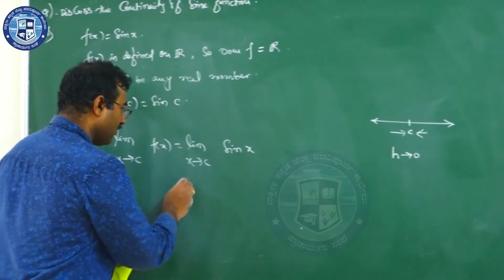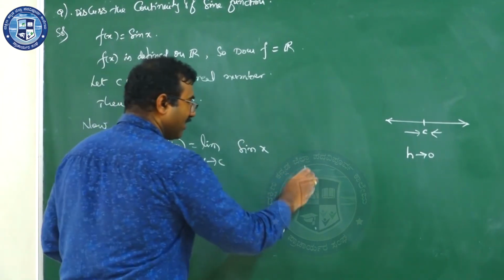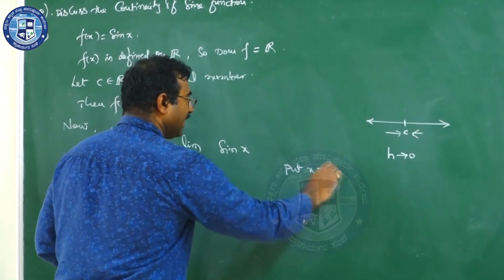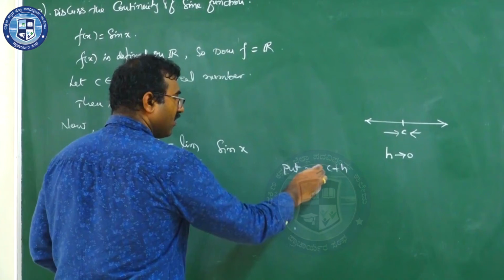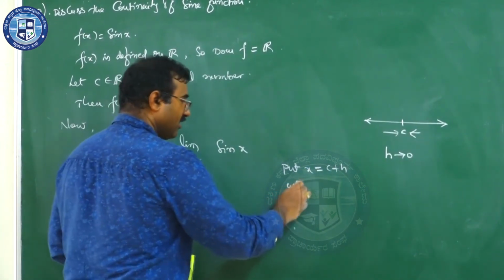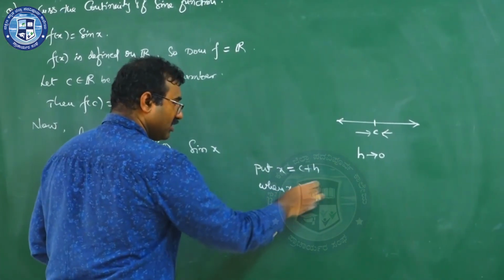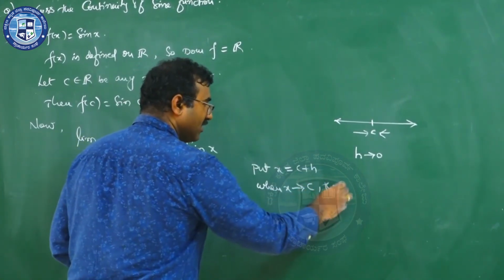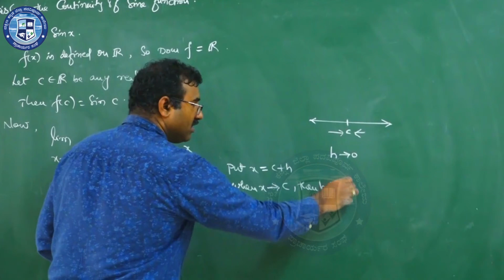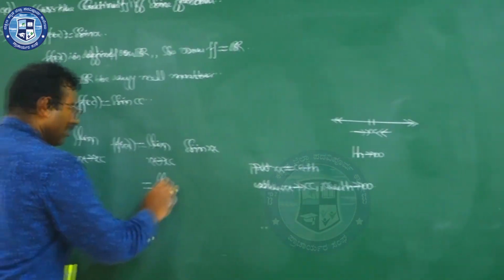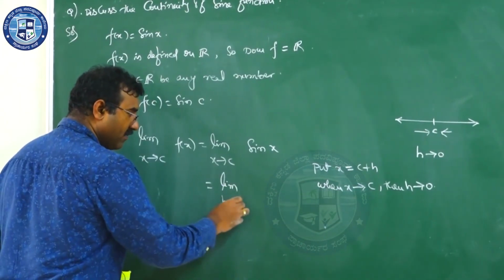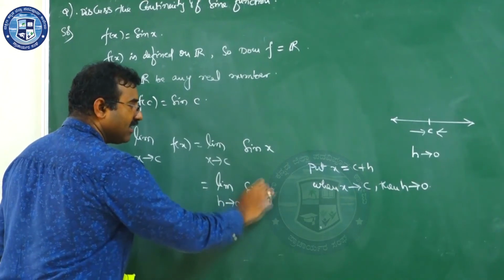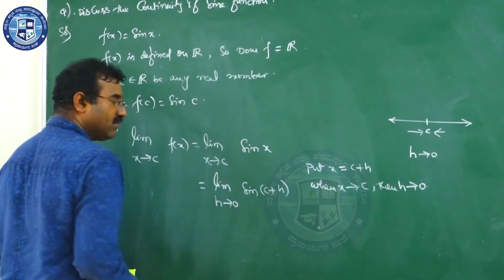Now I put x equal to c plus h here. When x is coming close to c, h comes close to 0. So limit h tends to 0, sin(c plus h).